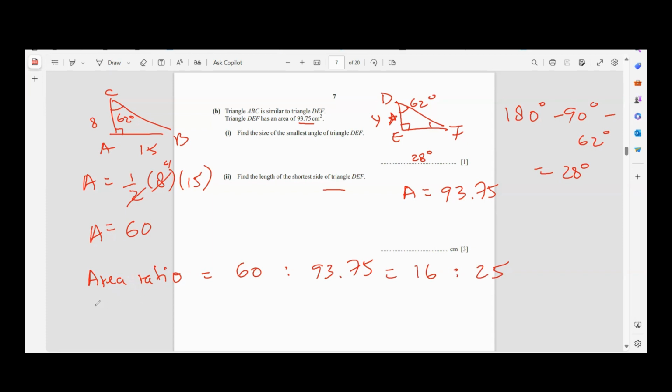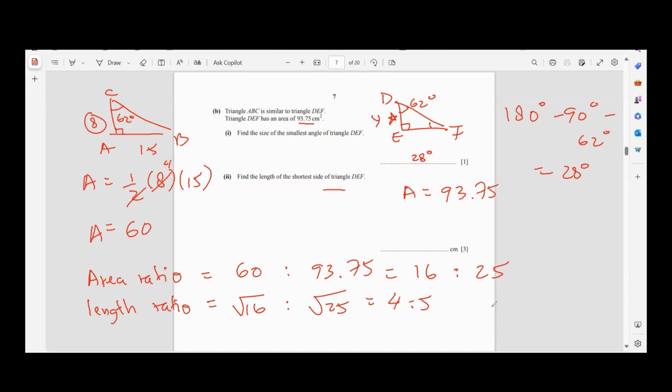This is the area ratio. We have to find the length ratio. For the length ratio, we just have to square root the area ratio. So square root 16, square root 25. So it's 4 ratio to 5. Okay, and then we have to find this, right? And then we compare it with 8, the smallest length.